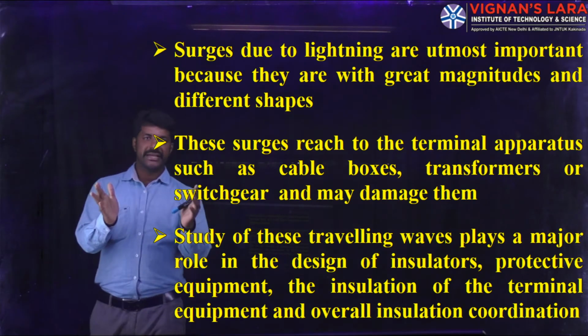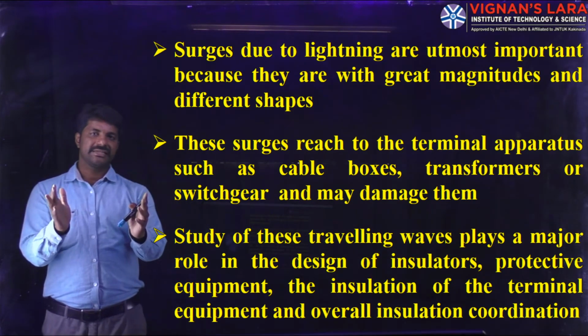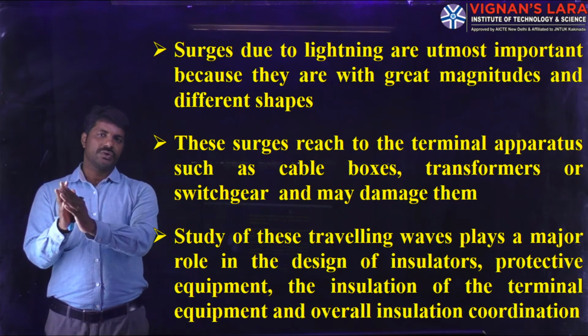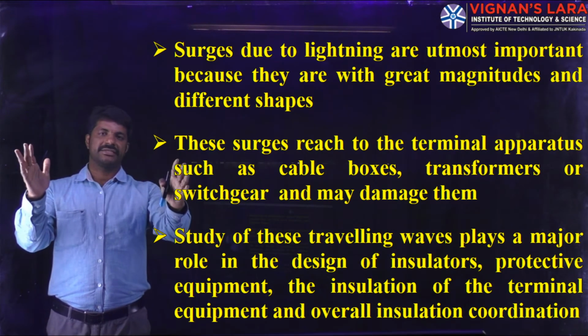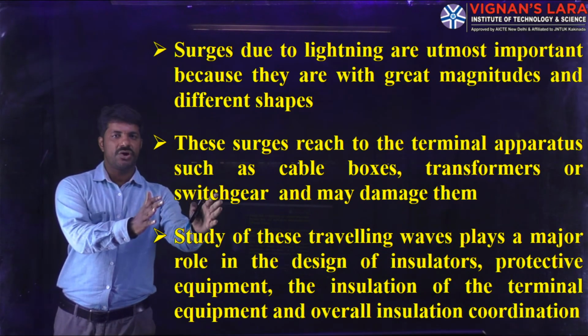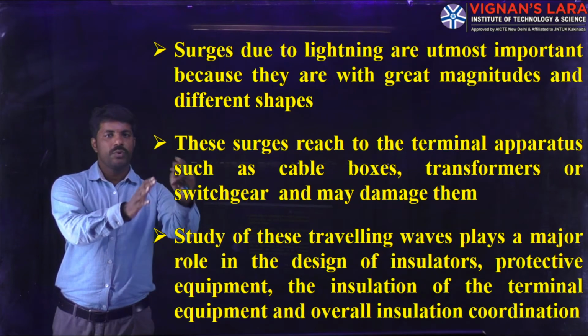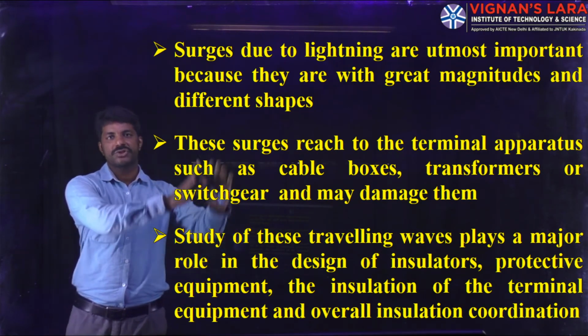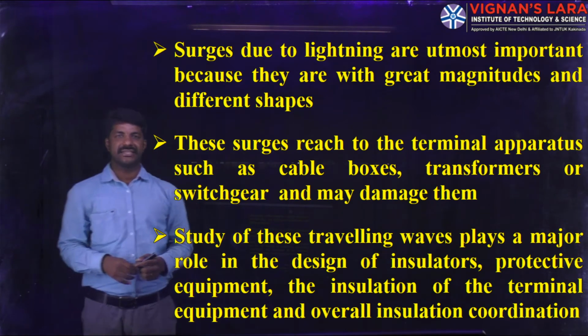If you check transmission lines in the real-time case, on the outer sides of the cities you can see overhead transmission lines, right? Whenever we reach nearer to the city stations, we immediately connect that overhead line to an underground system so that the appearance is very nice inside the cities.